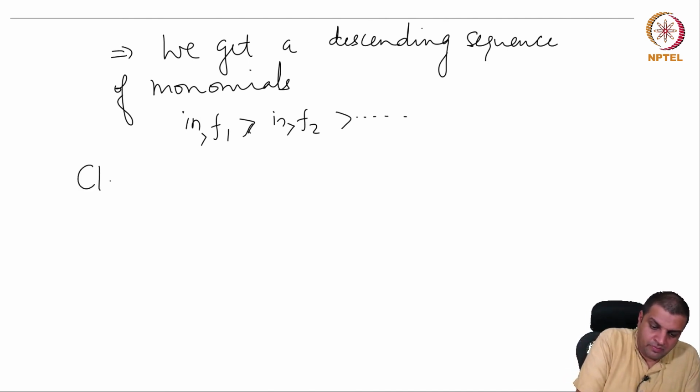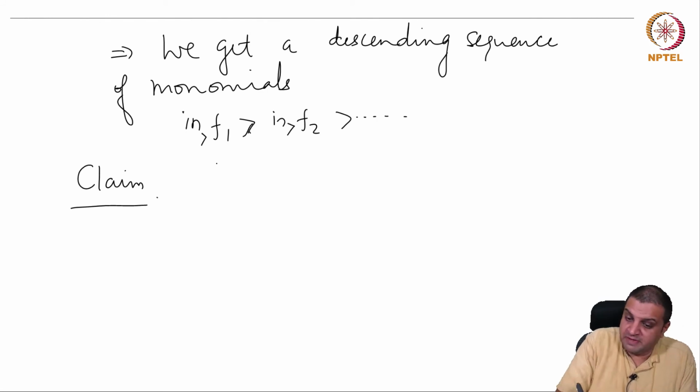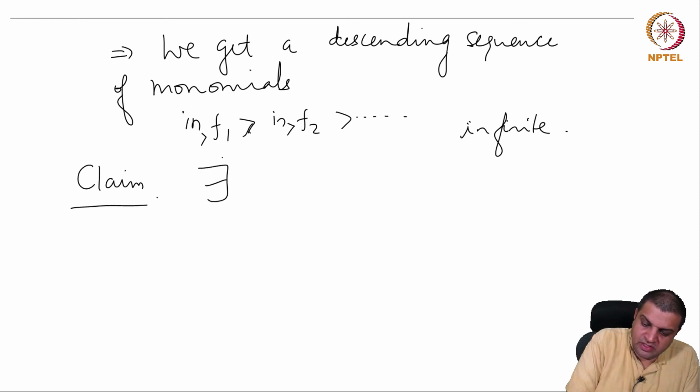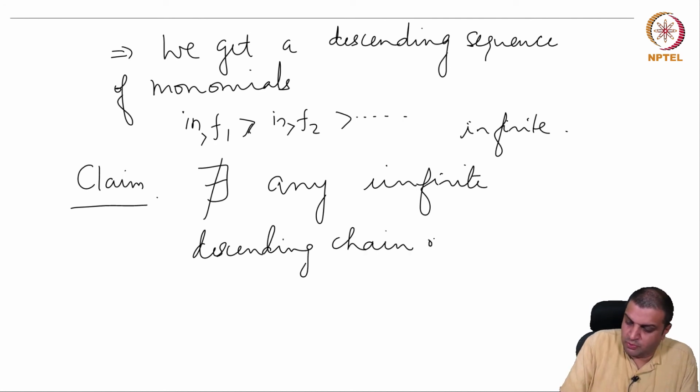So then what we want to prove is the following claim: such a chain cannot be infinite. There does not exist any infinite descending chain of monomials.